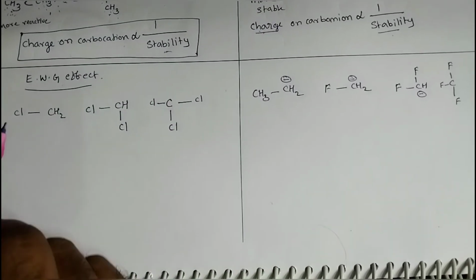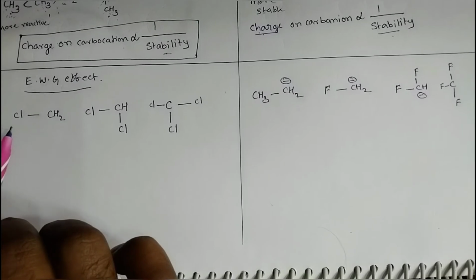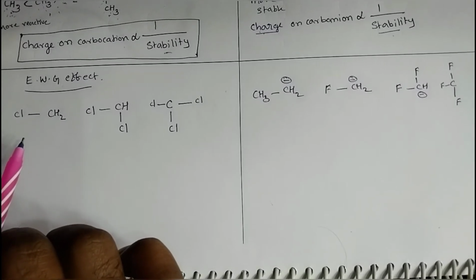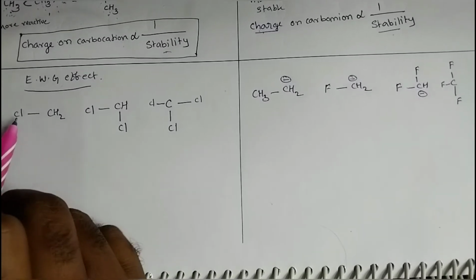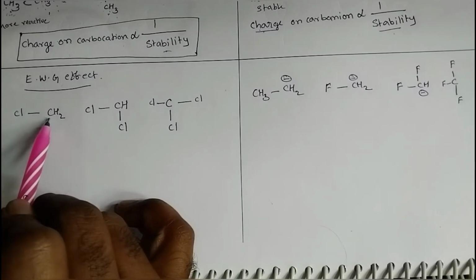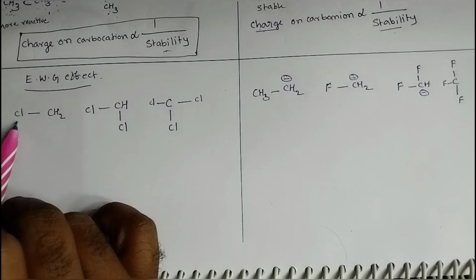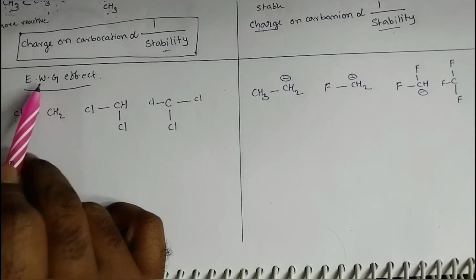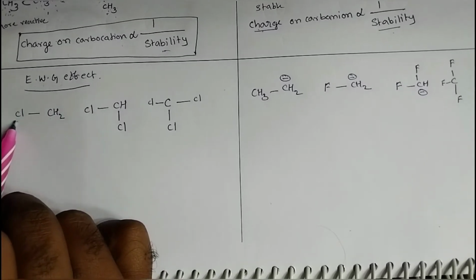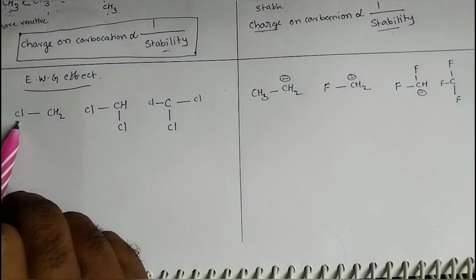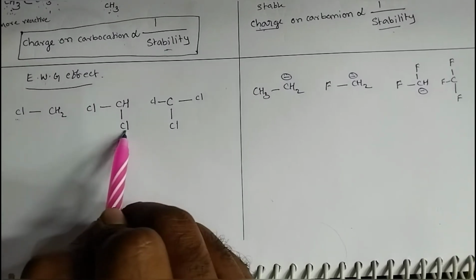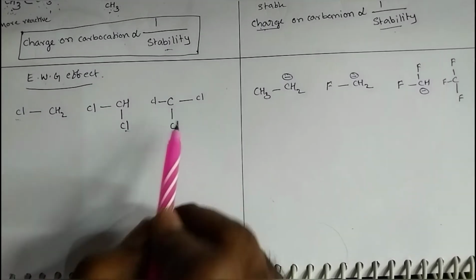First you need to identify the electron withdrawing group and electron donating group. Here the chlorine atom, compared to carbon, has more electronegativity, so chlorine acts as an electron withdrawing group. Here one electron withdrawing group is there, here two, and here three electron withdrawing groups are there.